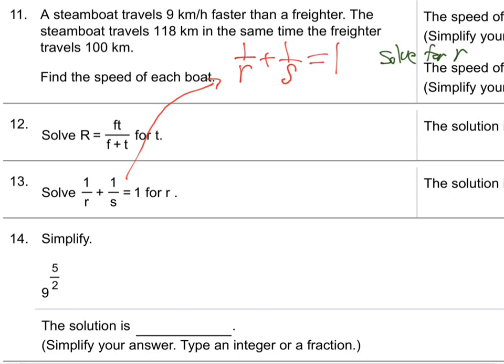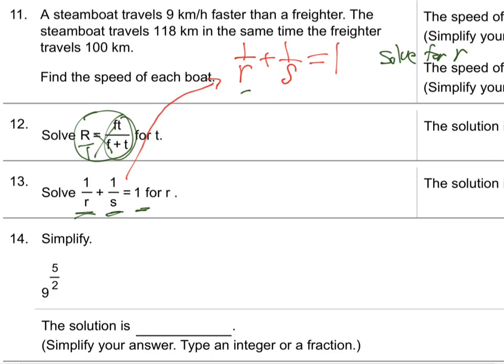Well, number 12 only had one fraction on the left side, so I could just put it over one fraction on the right side and cross multiply. But question 13 has 1, 2, 3 different terms, doesn't it? So I can't just cross multiply. Well, then what do I do? I multiply through the top by the LCD, the common denominator.